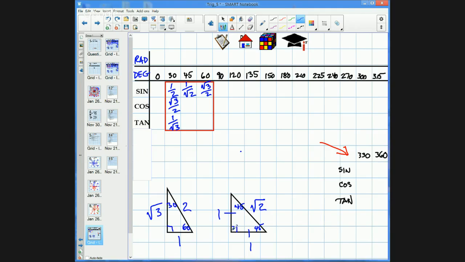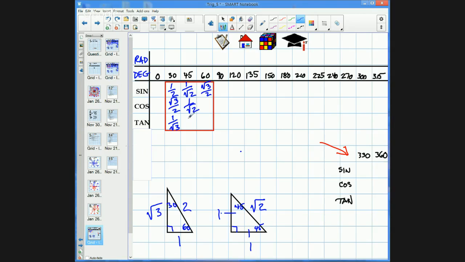Okay, 45, we're back over here. What's the cosine of 45? Leg adjacent over hypotenuse. You notice that the odd thing about 45 degrees is the sine and cosine of 45 are always the same. That's because two of the legs are identical. And what's the tangent of 45?